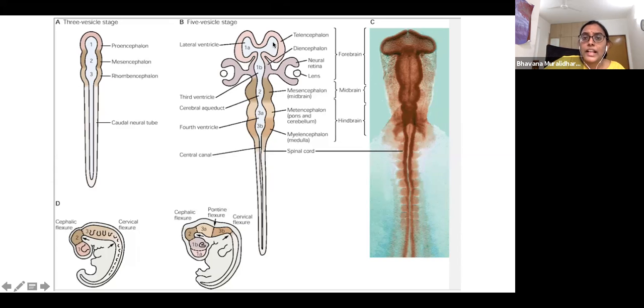And that's what drives the entire development of the nervous system. So these ventricles at the very rostral end give rise to the telencephalon, which gives rise to the cerebral cortex, and so on and so forth.